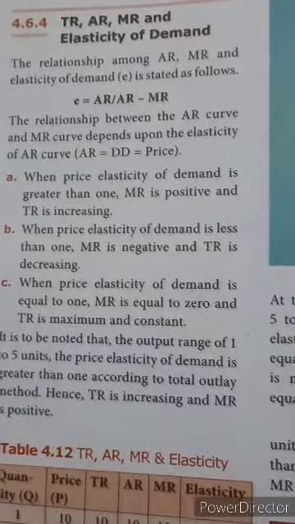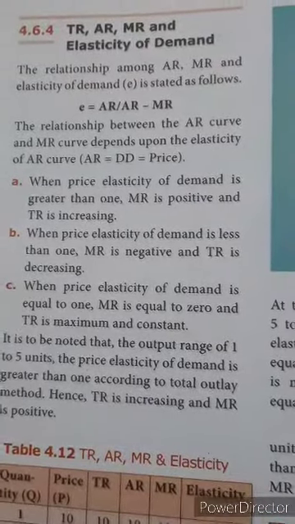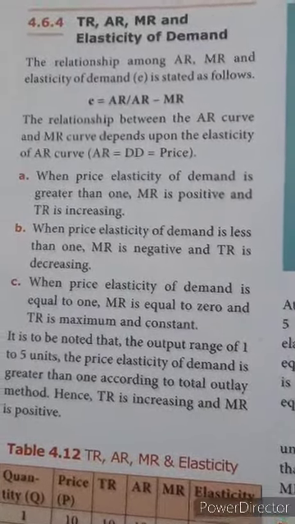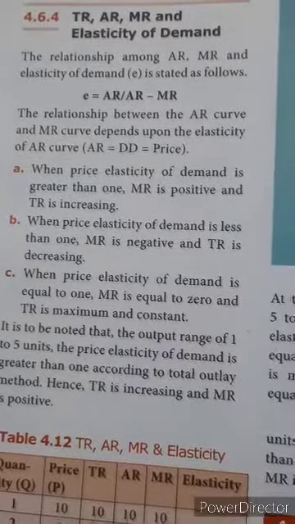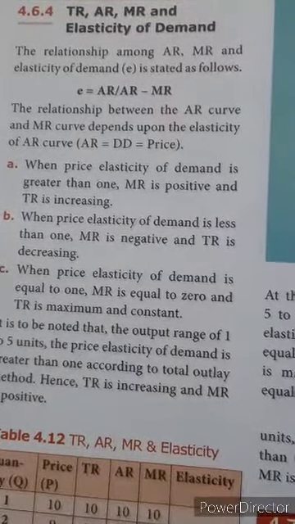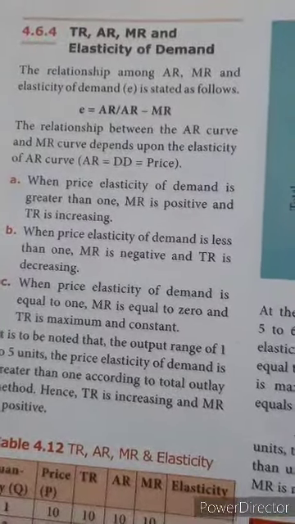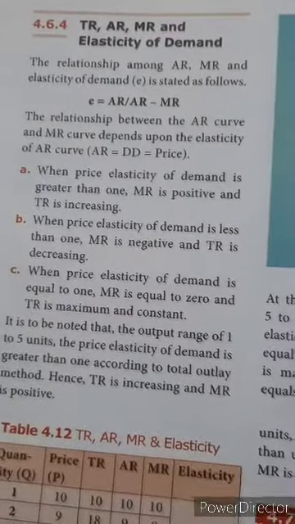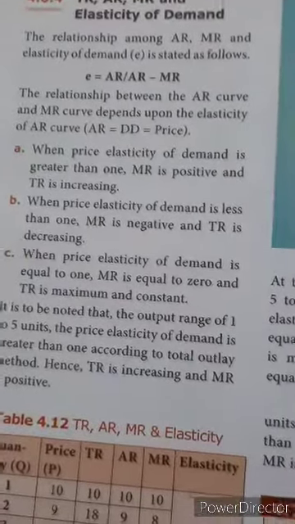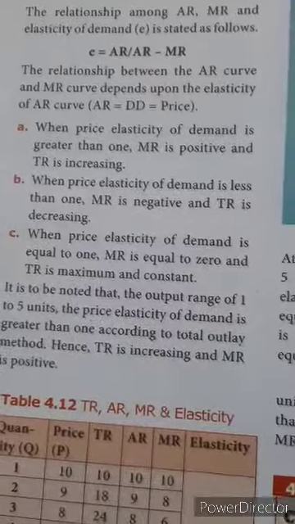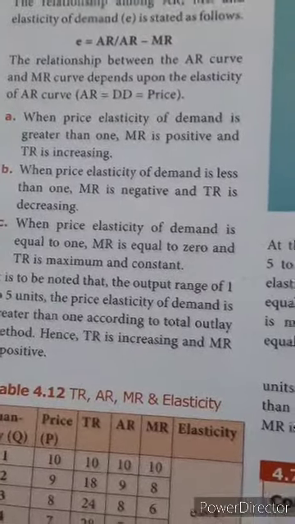And now we are going to see the relationship. Elasticity of demand, E sub d, is equal to AR by AR minus MR. That is, AR curve and MR curve depend upon the elasticity of the AR curve. AR means price curve.